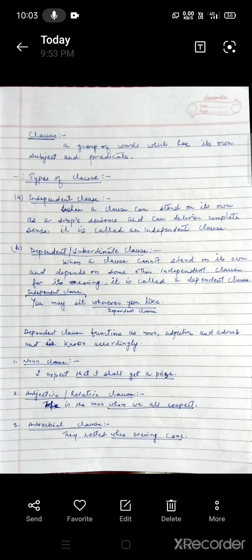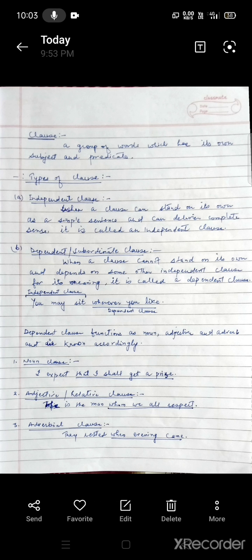On the basis of clauses, we also have different kinds of sentences: simple sentence, compound sentence, and complex sentence. When we have a single independent clause, it forms a simple sentence. When two or more independent clauses are combined together by coordinating conjunctions, they form a compound sentence.